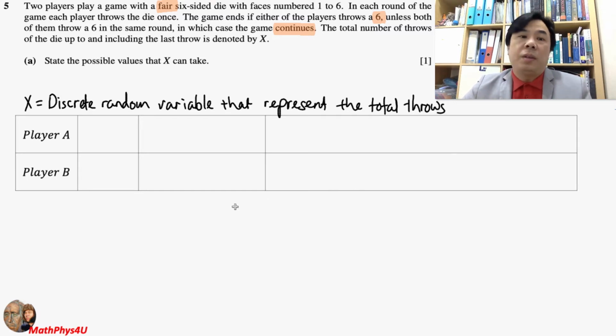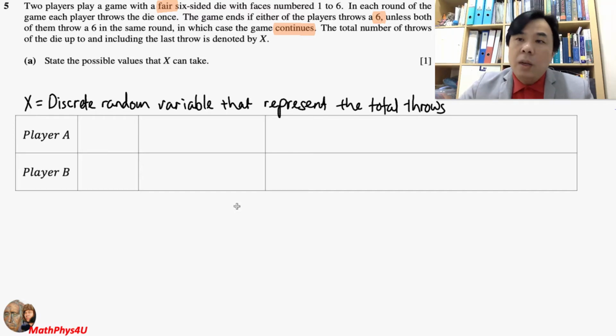I make it short here. Therefore, first of all, X should be discrete, meaning that the discrete value of this random variable can only take integer numbers. From this table, we are going to discover what are the discrete values that the random variable X can take.